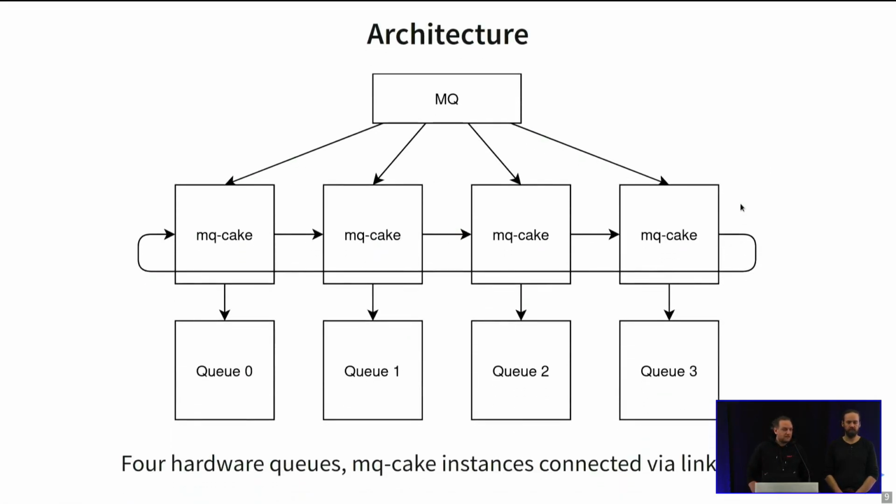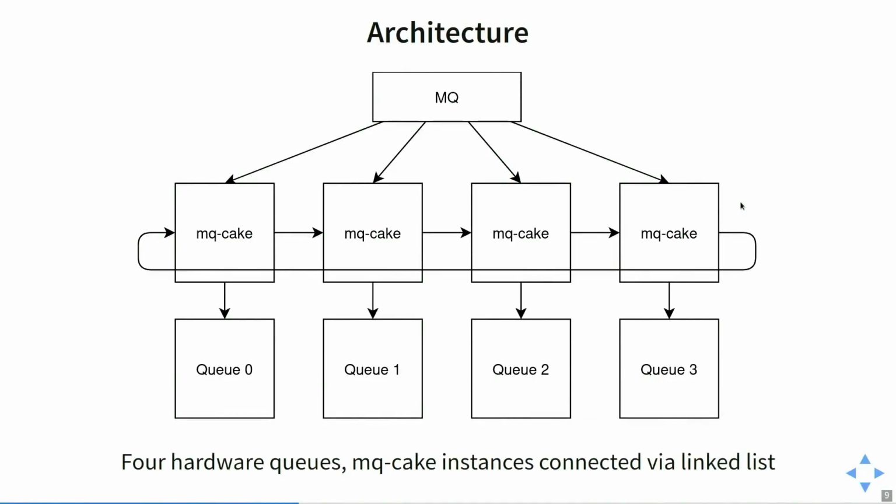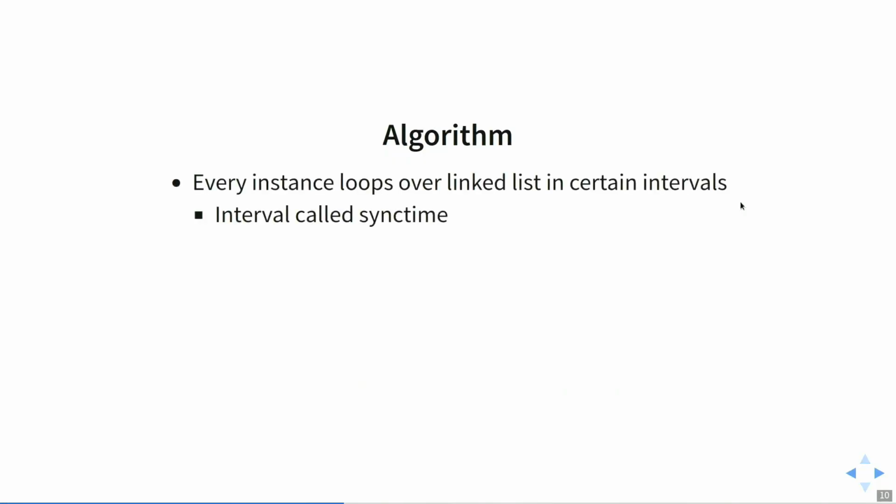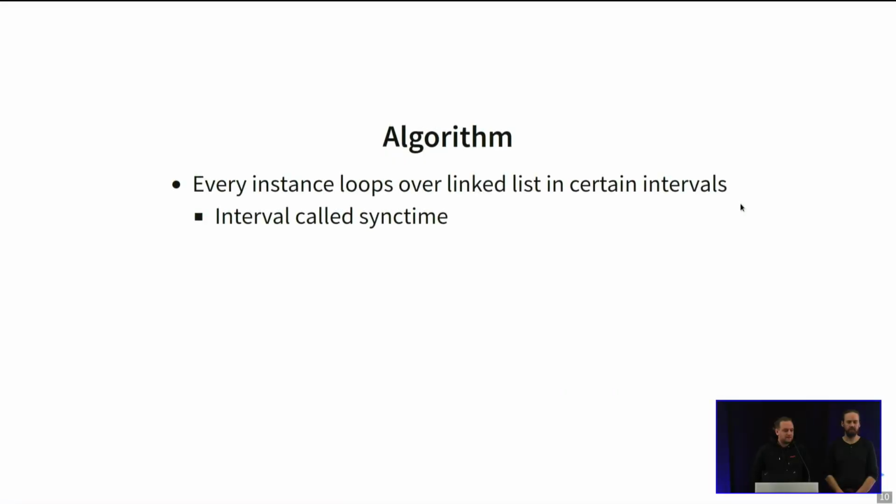Here we have a high-level overview of the architecture of MQ-Cake. We have the MQ QDisc at the QDisc root, and then a cake instance attached for every hardware queue. We connect these cake instances with a linked list, which we need to synchronize state between the instances. The algorithm follows a simple principle.